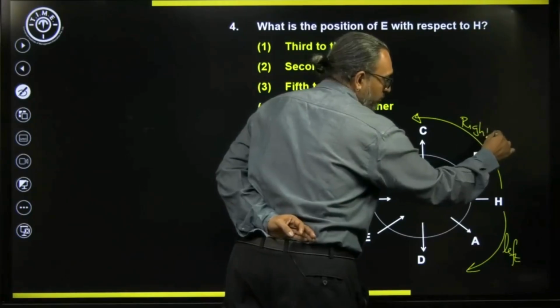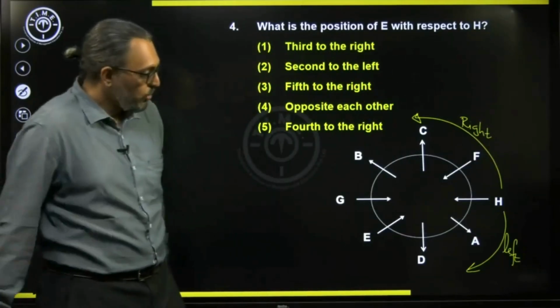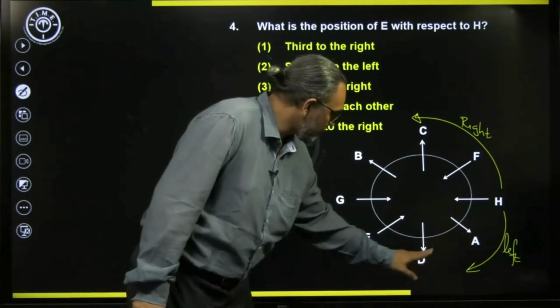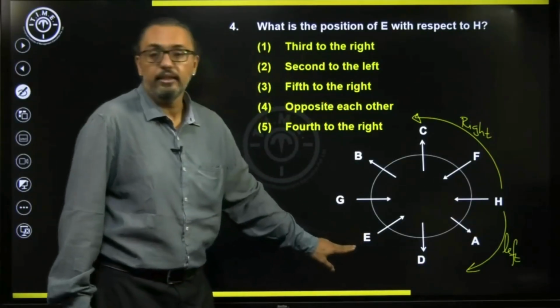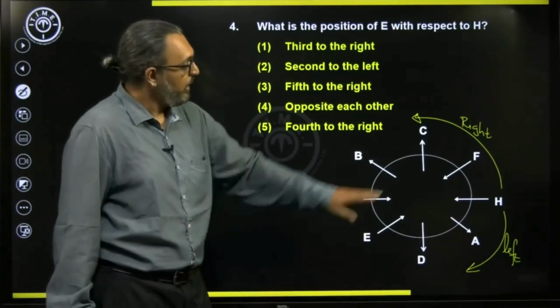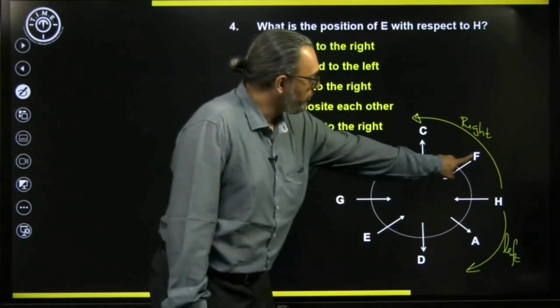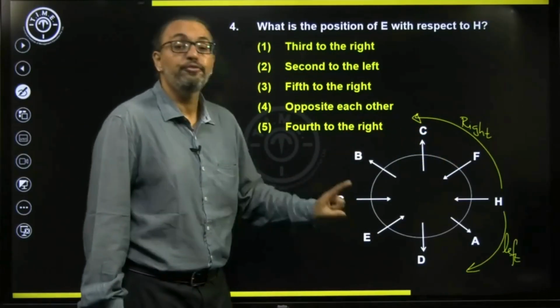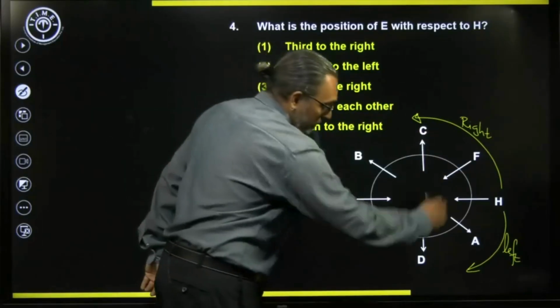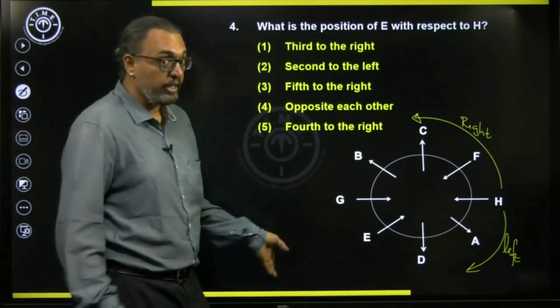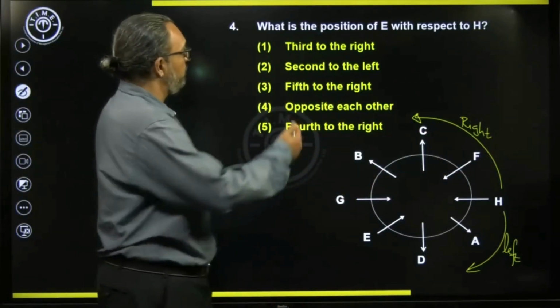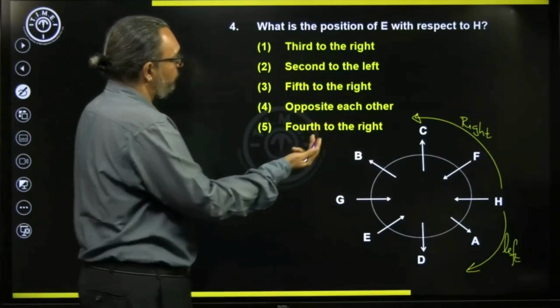You can pick any of the directions. So in the clockwise direction it is first, second, third to the left, and if I pick right side, first, second, third, fourth, fifth to the right. So it is either third to the left or fifth to the right. Any one can be given. Okay, so third to the left or fifth to the right.